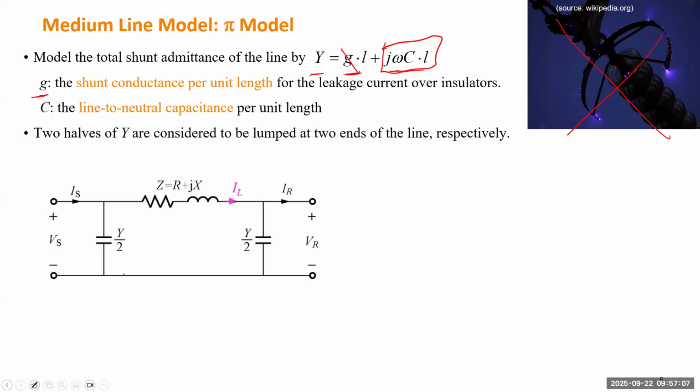On the left hand side we have a source voltage and source current, and on the load side we have load voltage and load current. There's also a line current, which is different from the source current or load current because there are two shunt branches.